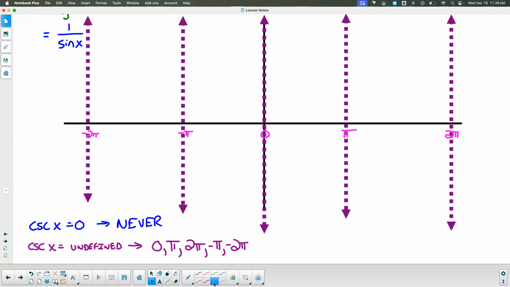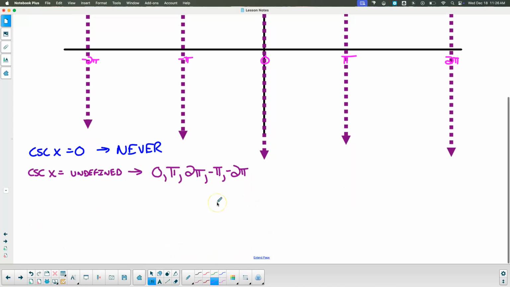Okay? So where is cosecant 1? Pi over 2. Anywhere else? First flap reverse, where is cosecant 1? Negative 3 pi over 2.